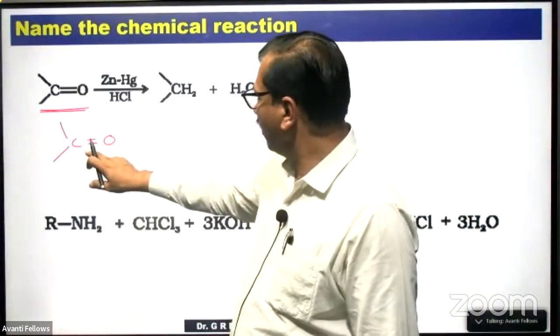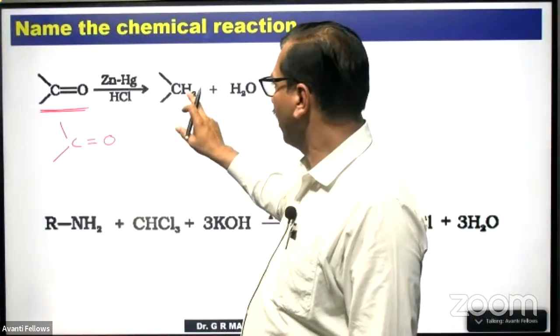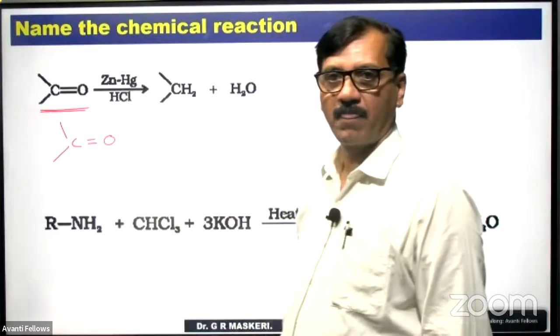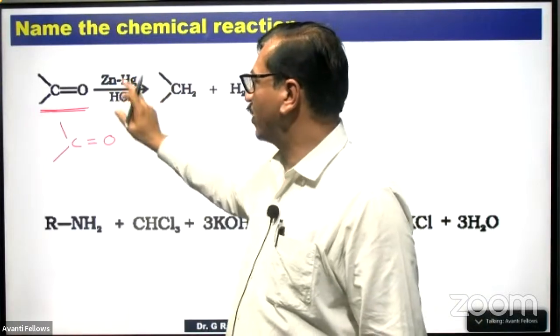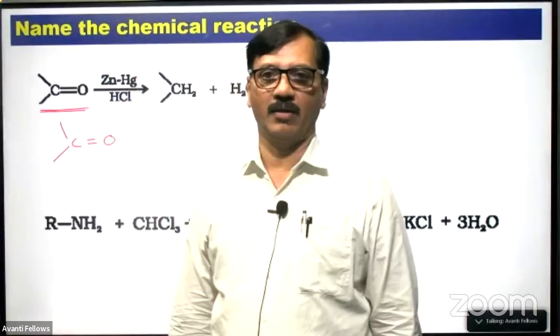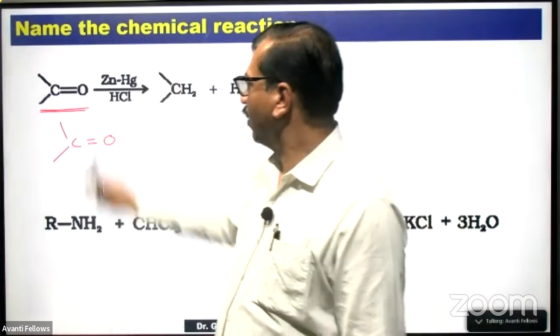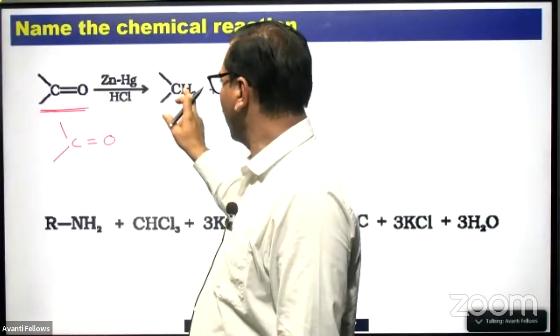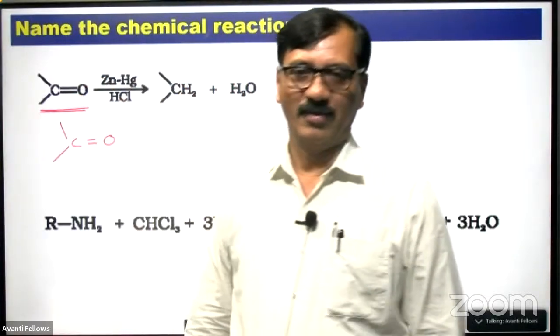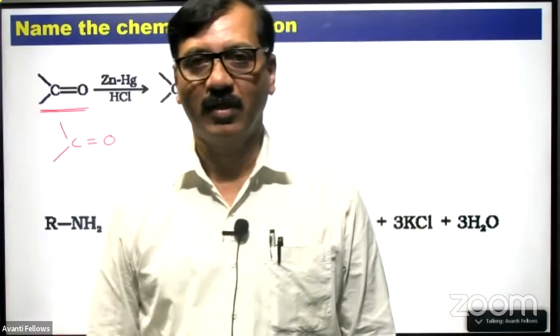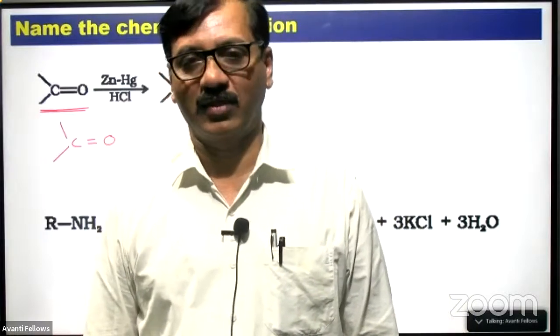So, this gives a hydrocarbon with Zn-Hg/HCl, zinc amalgam and HCl. So this is reduction. The oxygen of CO is removed and hydrogen is added, right? This you have to observe. So this is Clemmensen's reduction.